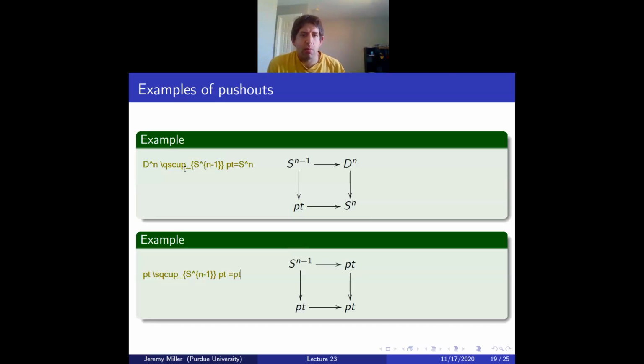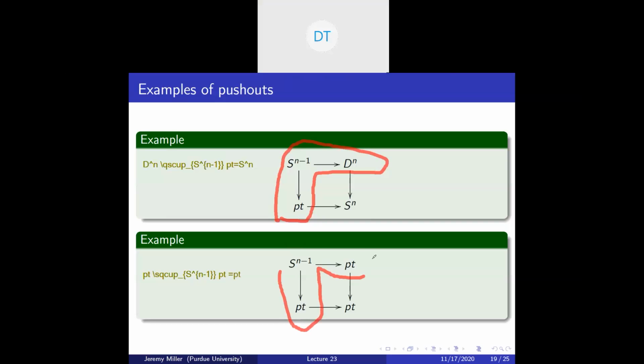Is there any reason why you might have guessed that these two things should be the same? They're not the same, so you shouldn't really guess that. But what is similar? D^n is contractible.